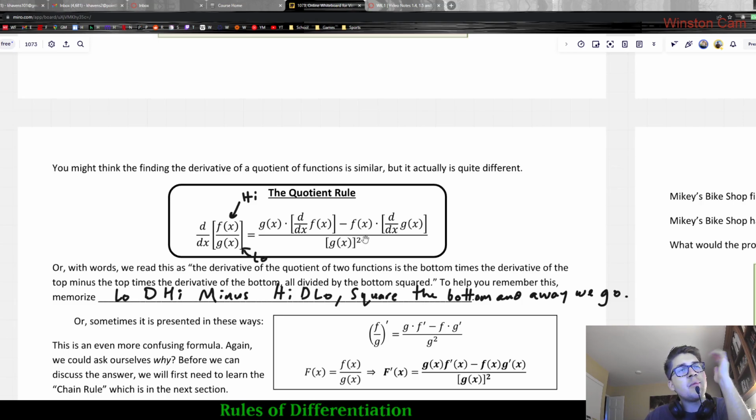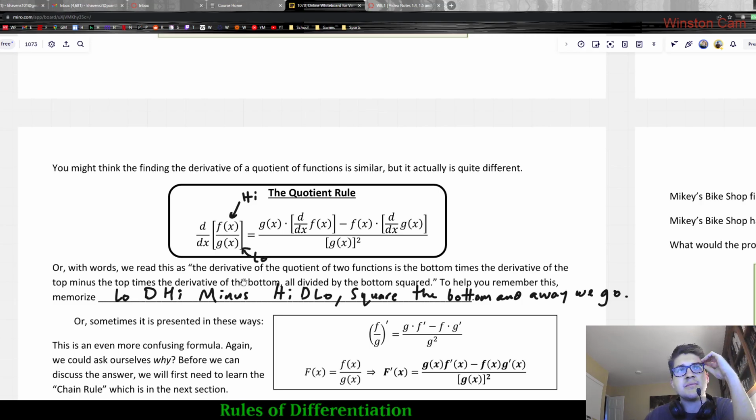Another way, my students taught me a different way of doing this when I was at the community colleges, just that they had learned it, is low d high minus high d low over low low. And I like to tell a story of how my mom learned it when she was in high school many years ago, which is that she was taught the rule ho d high minus high d ho over ho ho, where high and ho were the two functions, high ho.